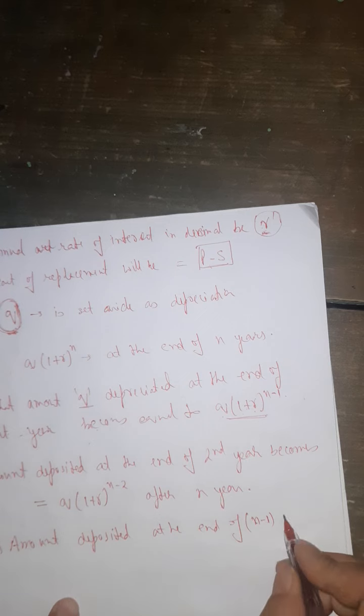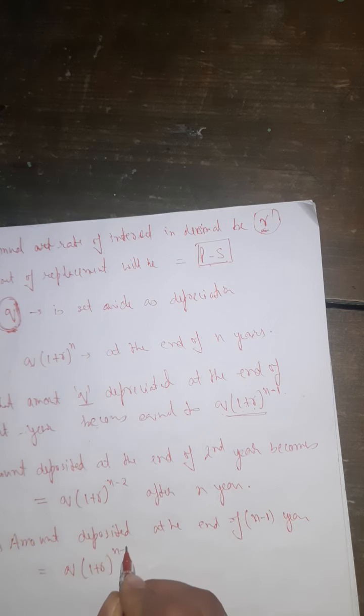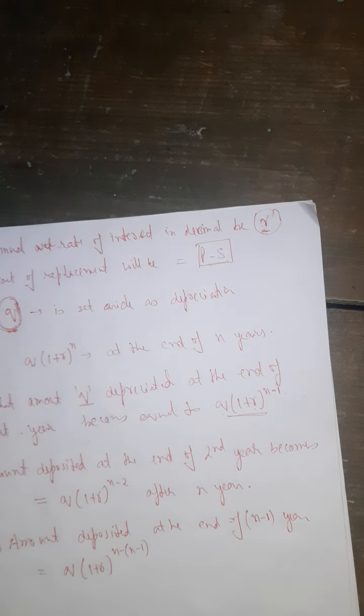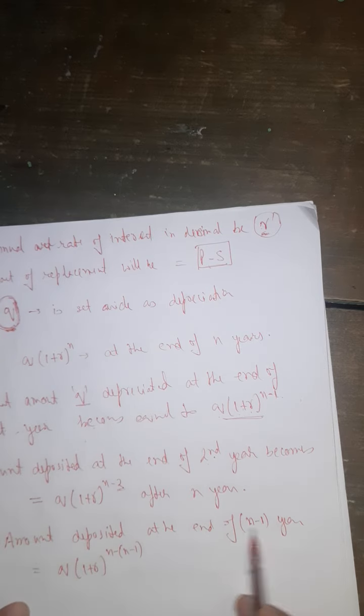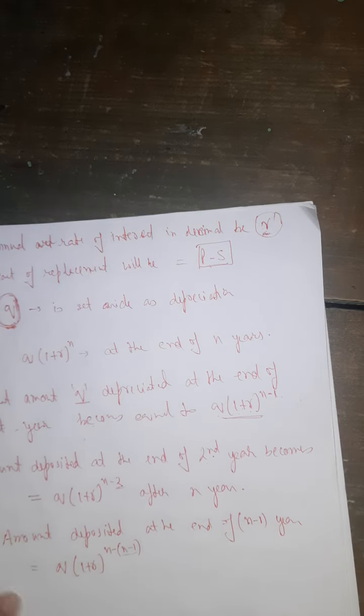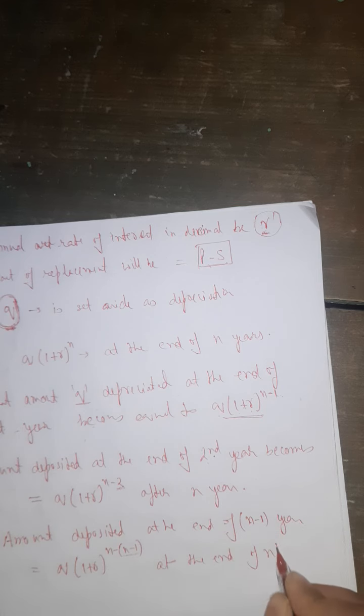So the amount deposited at the end of the n minus 1 year becomes Q into (1 plus r) raised to power 1, at the end of the nth year.